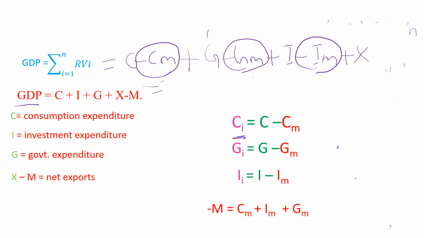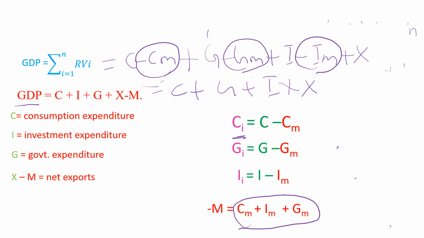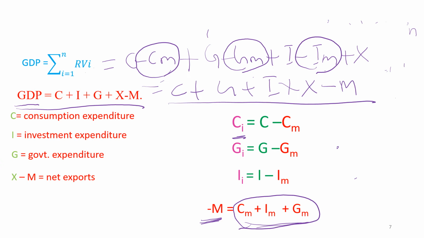What is left out is C plus G plus I plus X. And whatever you removed should be denoted. All expenditure on imports is denoted by minus M. So that minus M you have to substitute here. When you substitute, you will get an equation like this: GDP equals C plus I plus G plus X minus M. So these we call the components of GDP.